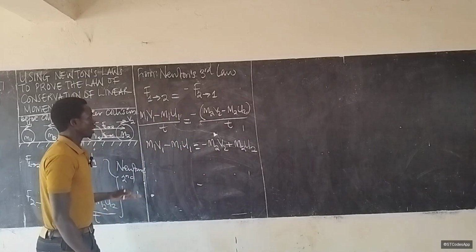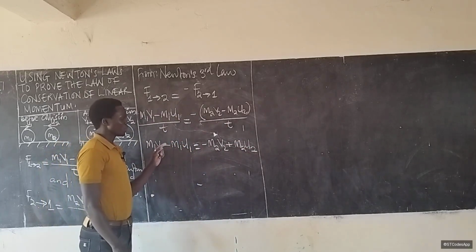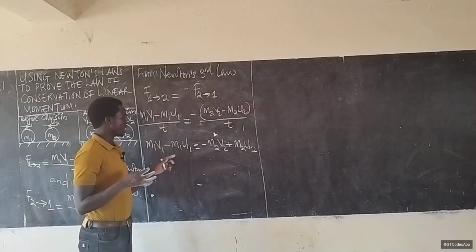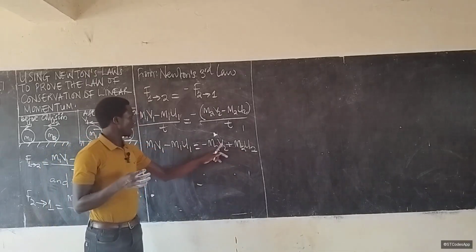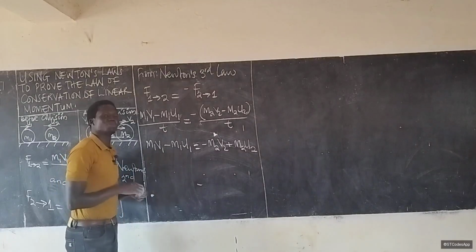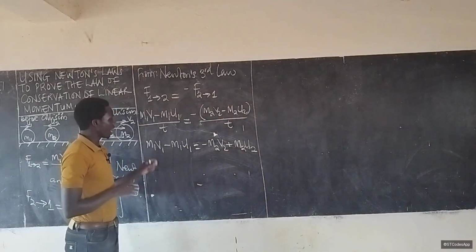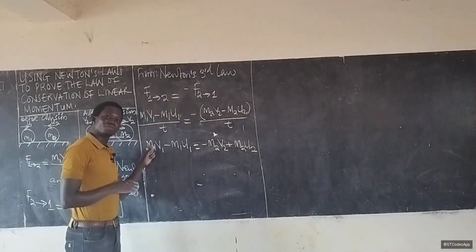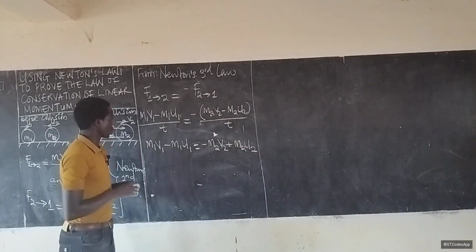I can collect the like terms: the terms that have velocity before collision together, and the terms that have velocity after collision, the final velocity, also together.